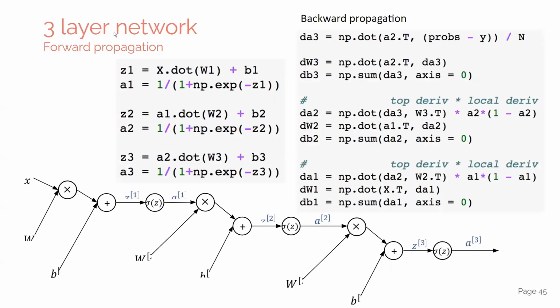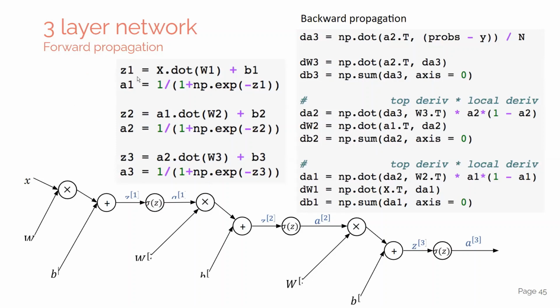Okay, 3-layer network forward propagation. If you want to implement the forward propagation part, it is this simple, actually. Let's just use the Z1 variable for the pre-activation function implementation. You basically just do the matrix multiplication and then add the bias. So Z1 for the first layer, second layer, third layer.